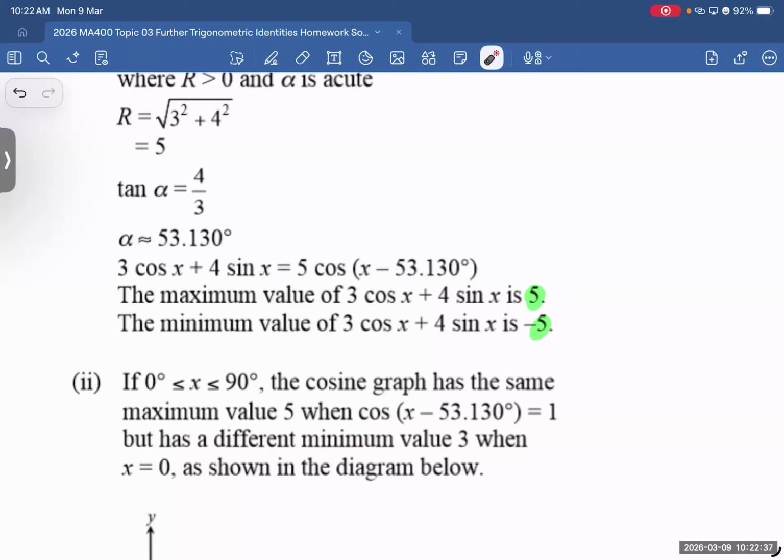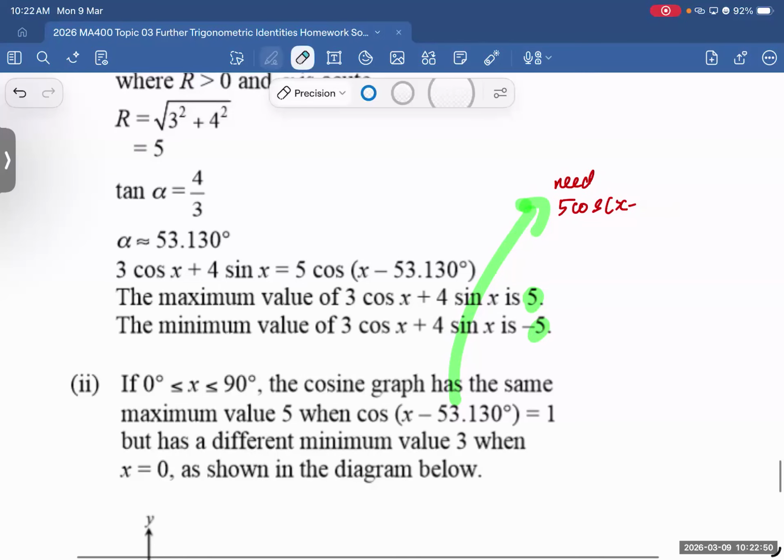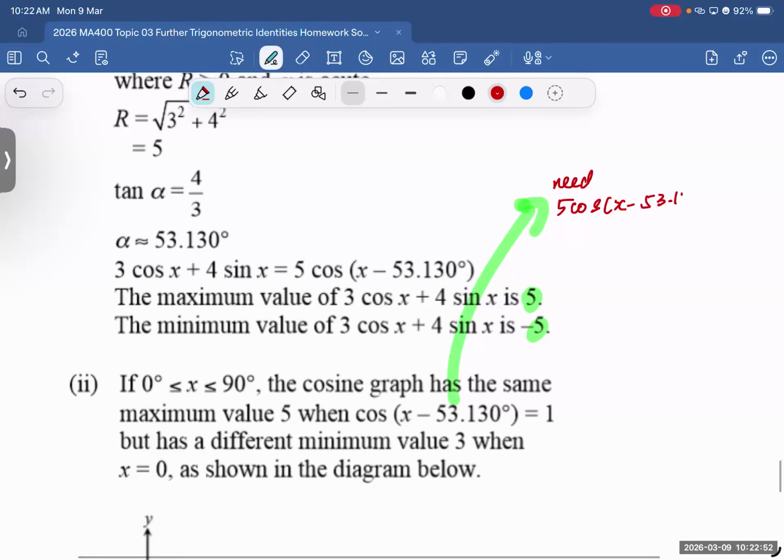If you need 5 cosine of x minus 53.13 to be equal to -5, that means you will need cosine to be equal to -1.